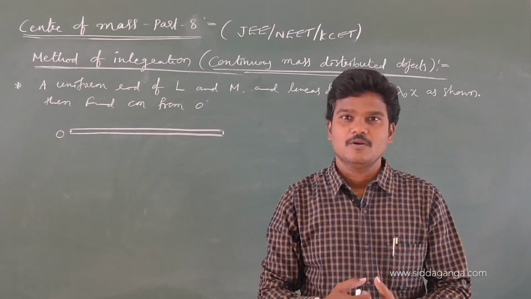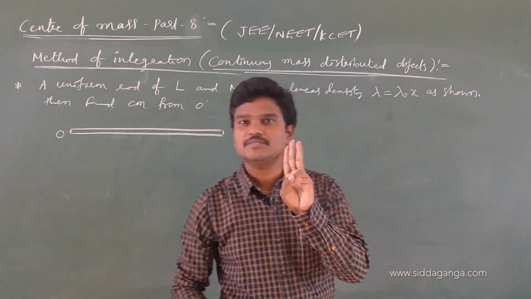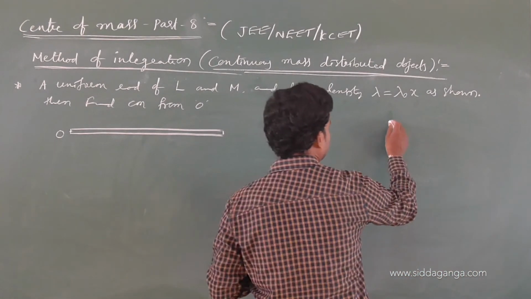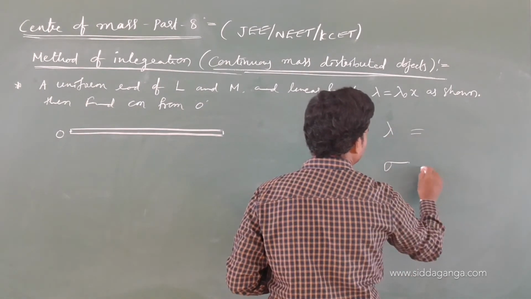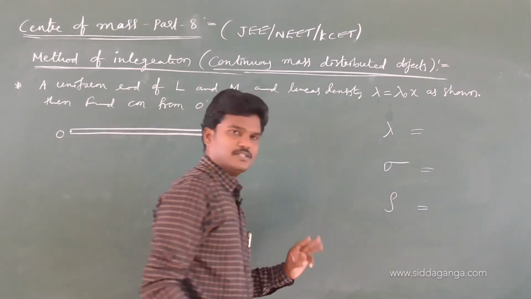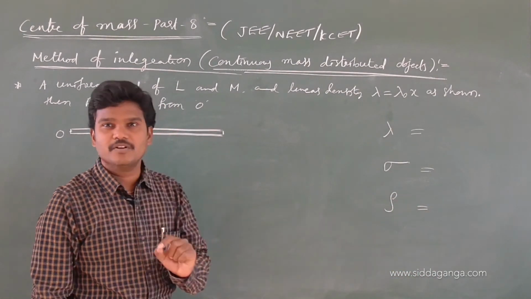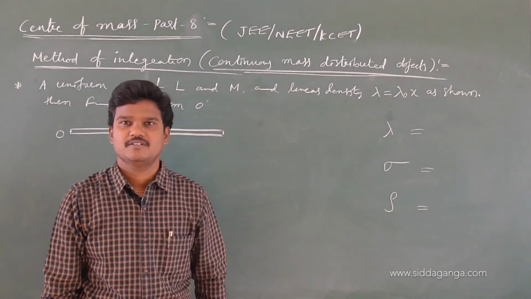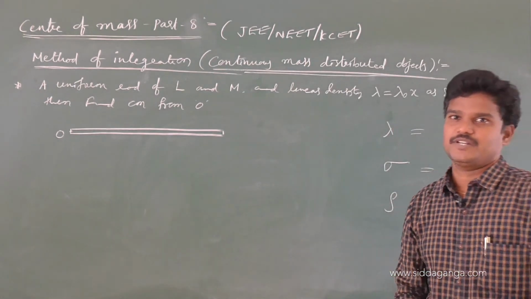Volumetric means a solid sphere. Let me write the three terms: lambda, sigma, rho. This will also come in the second PUC, but try to understand here now, because these methods are important especially for JEE students, and useful for NEET also.